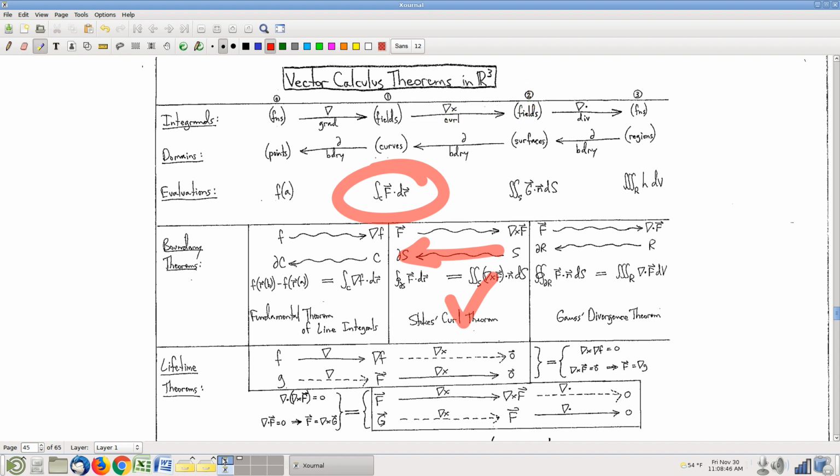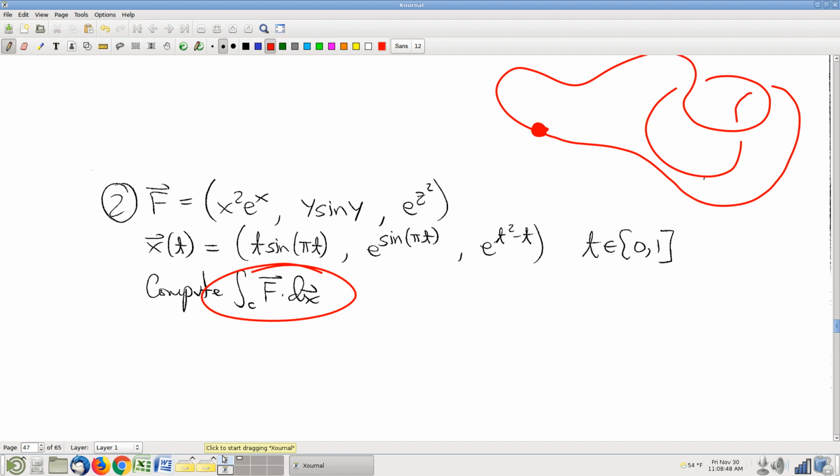So we take the curl. Y partial of that, 0, minus Z partial of that, 0. Z partial of that, 0, minus X partial of that, 0. All zeros. By the way, easy to notice before you even start taking partial derivatives in this case, because this is all X's, this is all Y's, and this is all Z's.